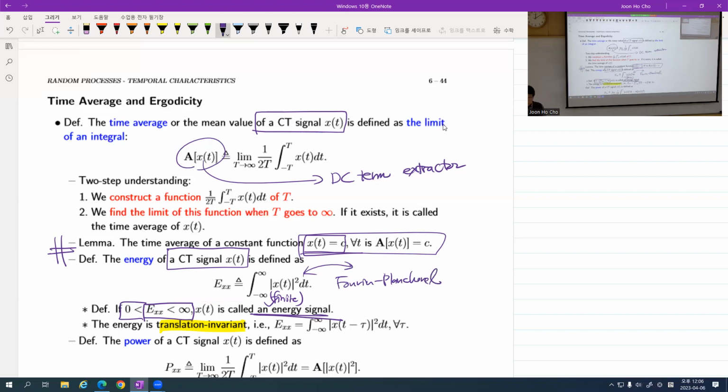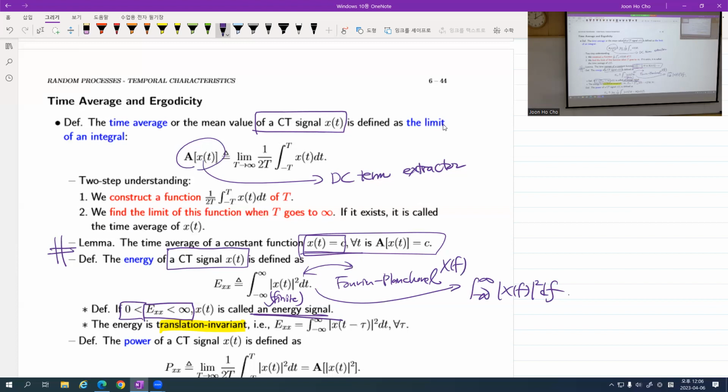Actually, the Fourier transform you learned in your signals and systems course was most of the time the Fourier Plancherel transform. Also you have Parseval's relation saying that if your Fourier Plancherel transform is capital X of f, the energy can be computed in terms of your Fourier Plancherel transform. Got it?